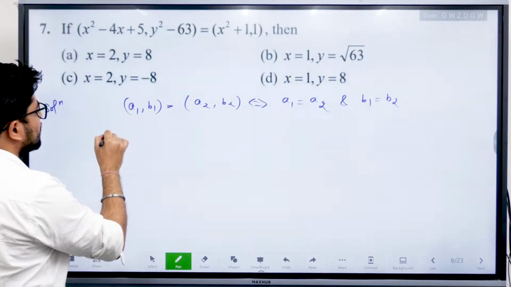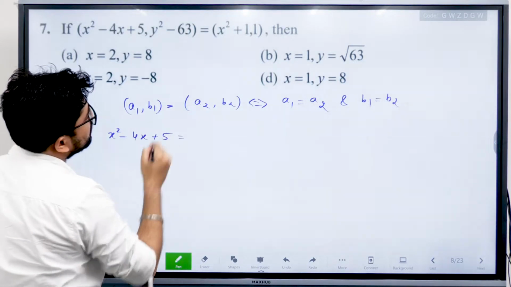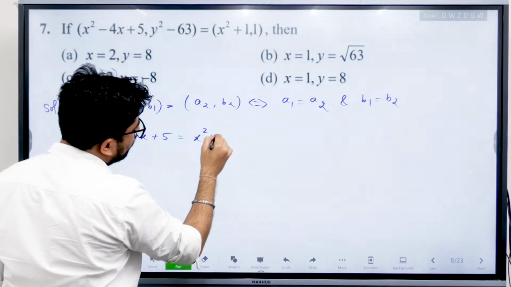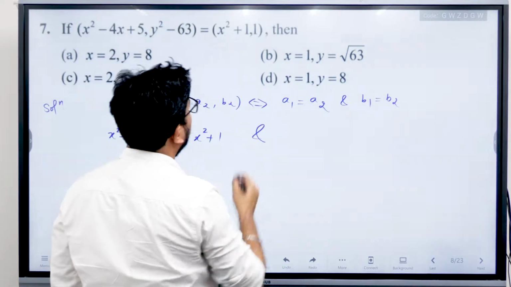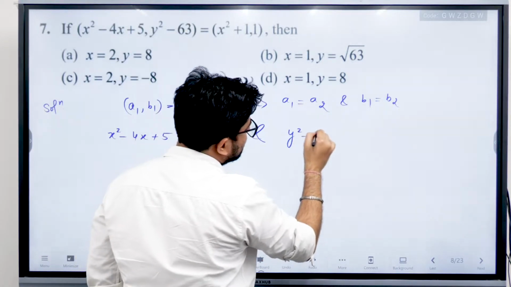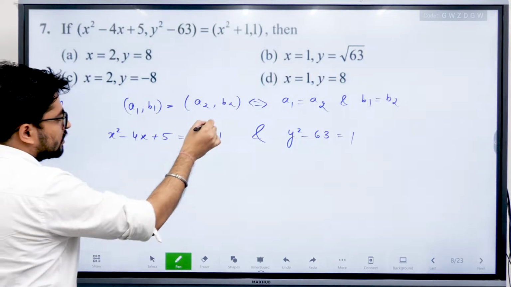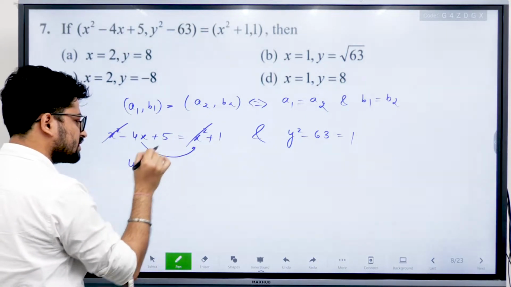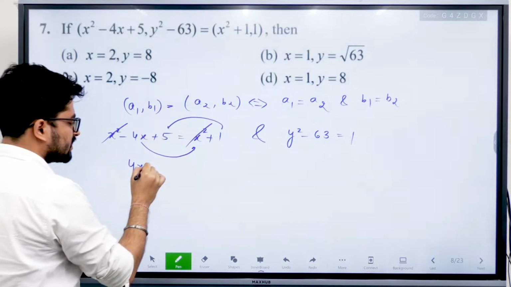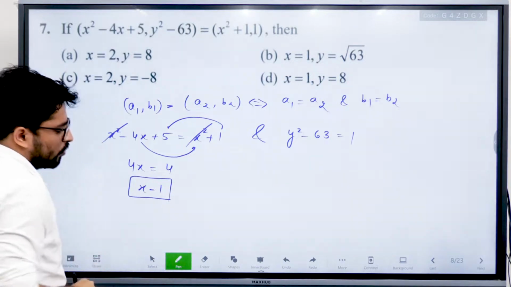So from here we can say x² - 4x + 5 = x² + 1, and y² - 63 = 1. Here you can cancel x² with x². You can take 4x on this side and 1 on the left-hand side, so this is 5 - 1 = 4. So x is equal to 1.